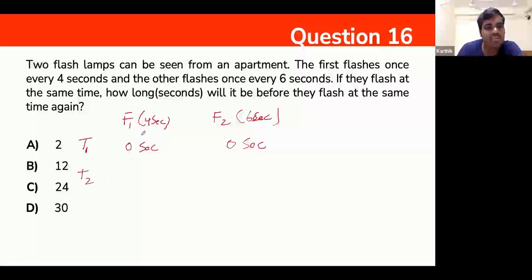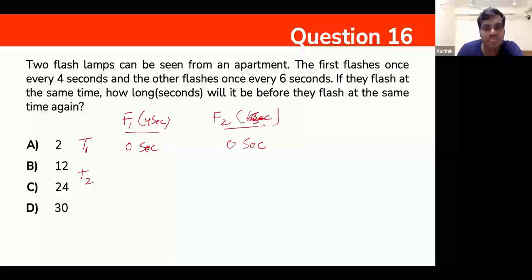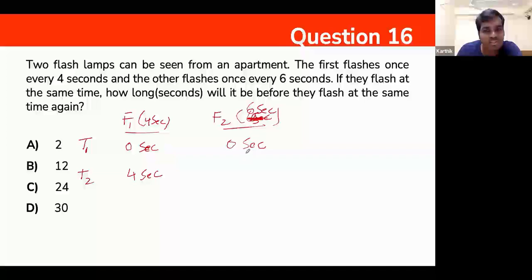Next time, the first lamp will flash after how many seconds? 4 seconds. So this lamp will flash at 4 seconds, and this lamp will flash for the second time at 6 seconds. Correct?